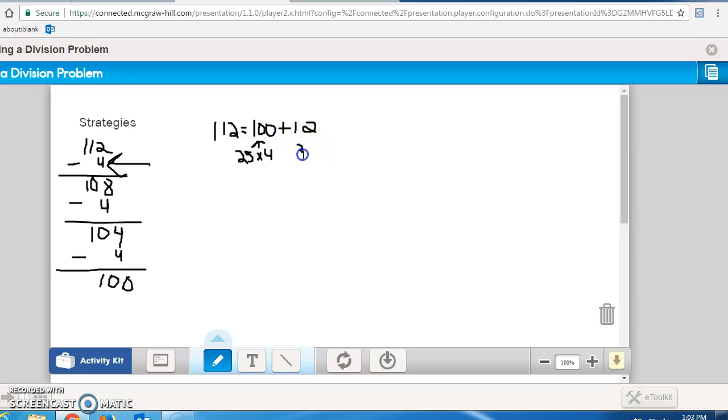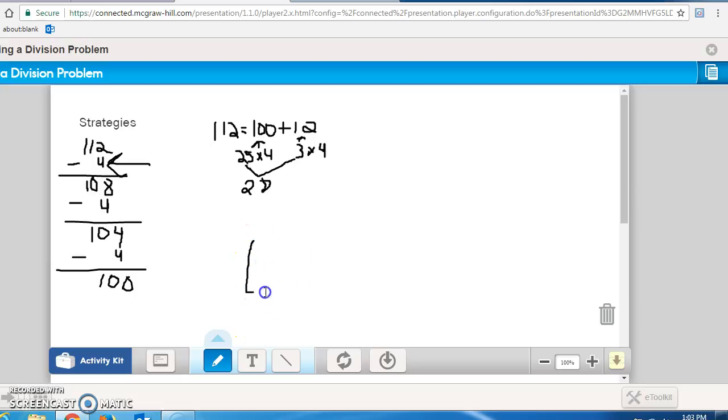And there would be 3 groups of 4 in 12. So if I add 25 and 3, I would know there are 28 groups of 4 in 112.